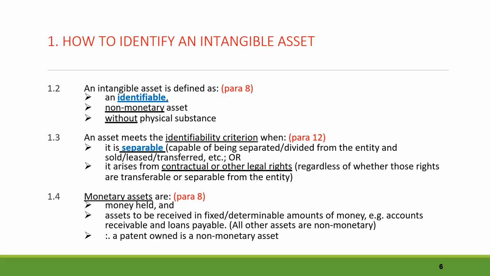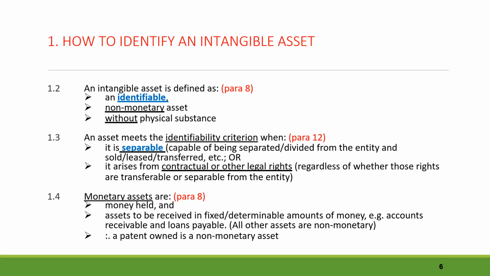Now, on this point, I want you to bear in mind that although the definition and the recognition criteria of an asset has been updated in the conceptual framework, it doesn't override the definition and recognition criteria in this IFRS standard. So remember, your conceptual framework is there, but it is not an IFRS standard itself. So the definition of an asset as per IAS 38 is the one that we will make reference to for this topic. Now let's analyze each of the criteria that relates to this definition.